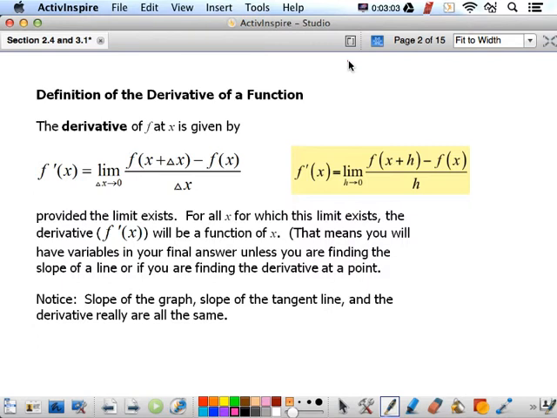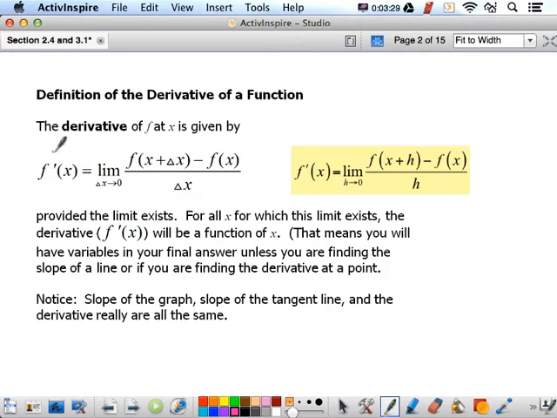Once we take the change in x and take the limit as that approaches 0 of the function we just discussed, that becomes the slope of the tangent line. In general, if we just have x's rather than c's, it becomes what we call the derivative of a function. So the derivative of a function f at x is given by f prime of x.